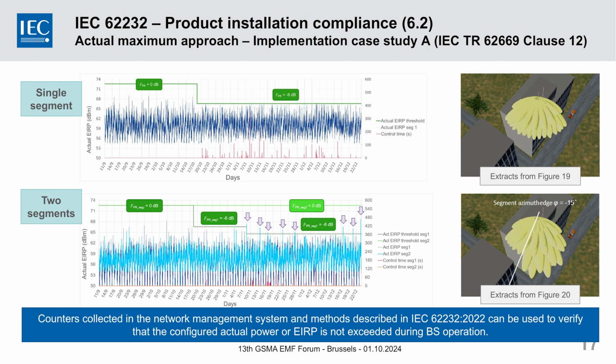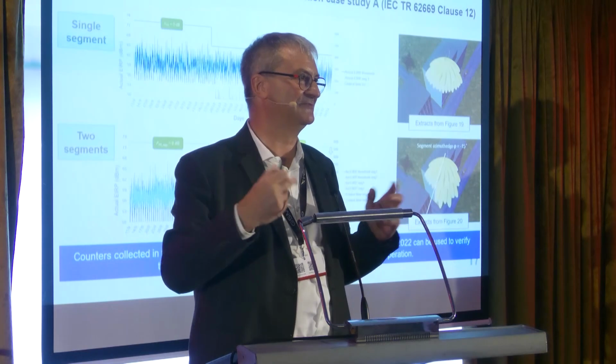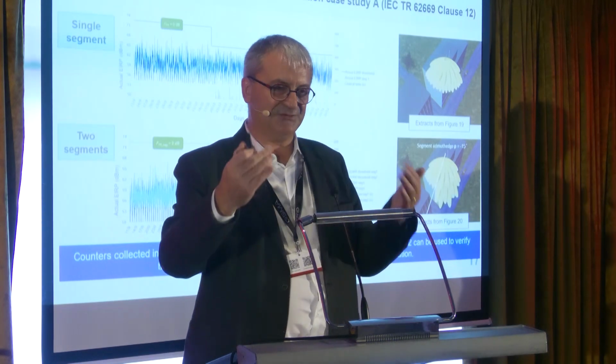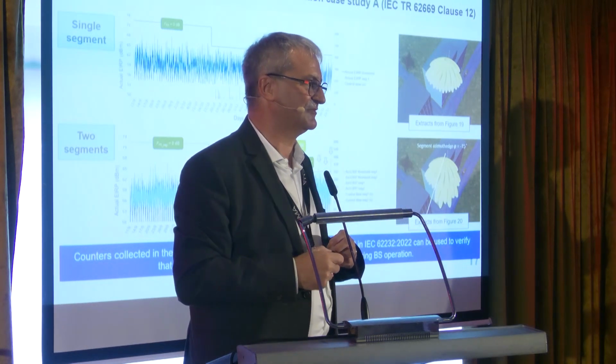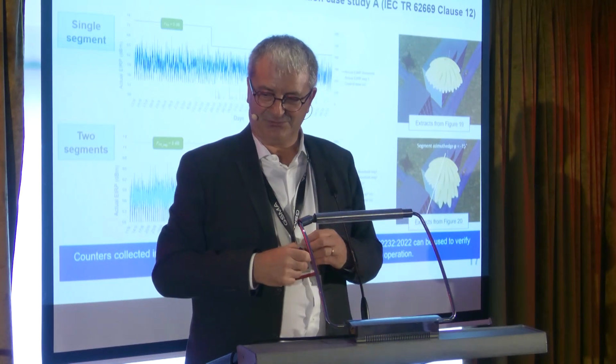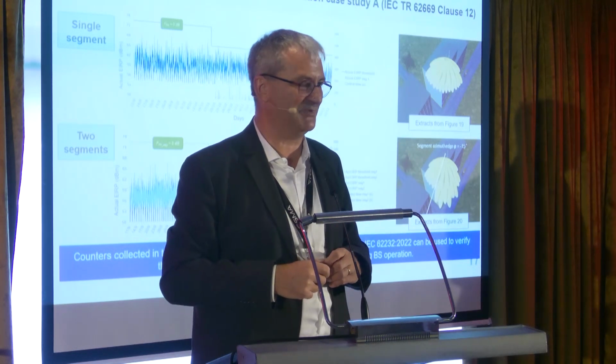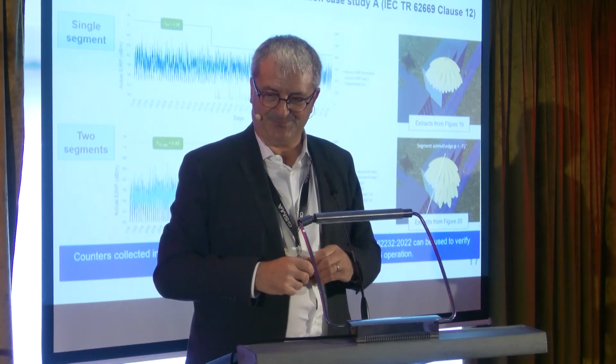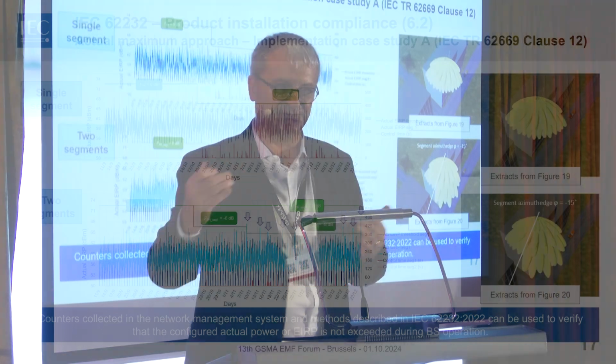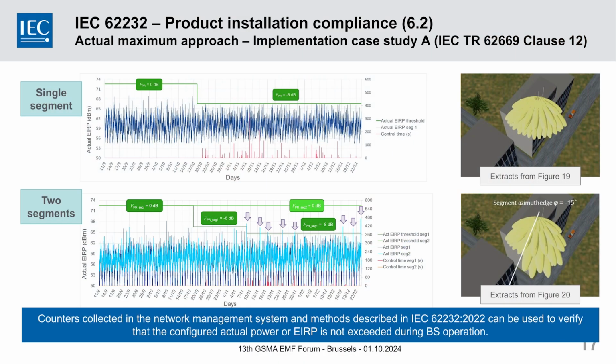And when we put 6 dB reduction factor like for single segment, we observe that there is no control at all still. And when we activate control with minus 8 dB, we start to observe some small control periods. So the dark blue is always below the threshold, and the light blue, the uncontrolled segment, is continuing to work as before.